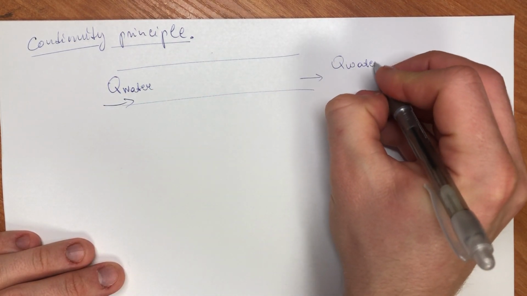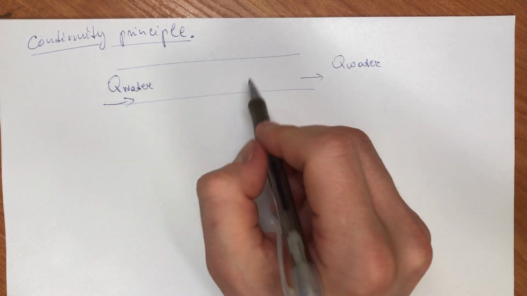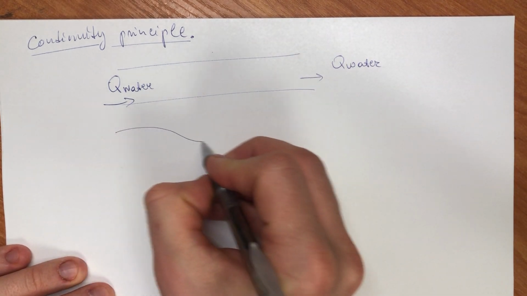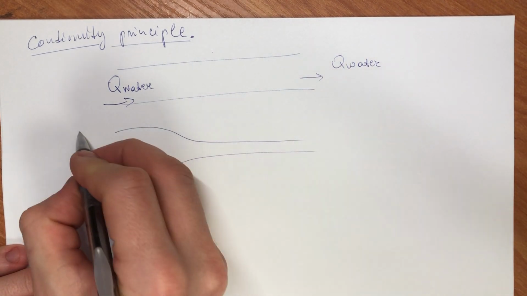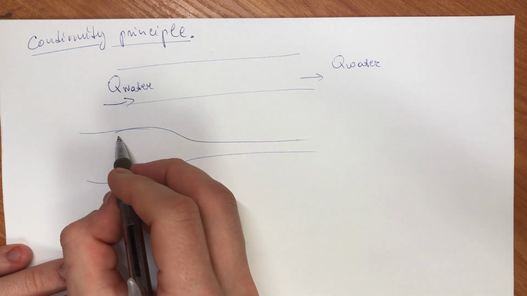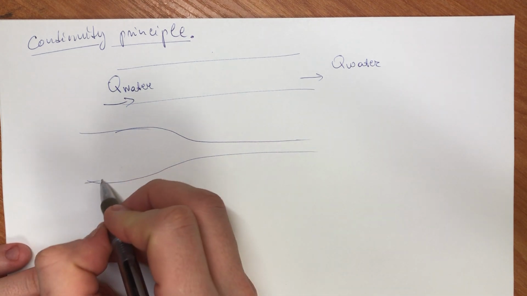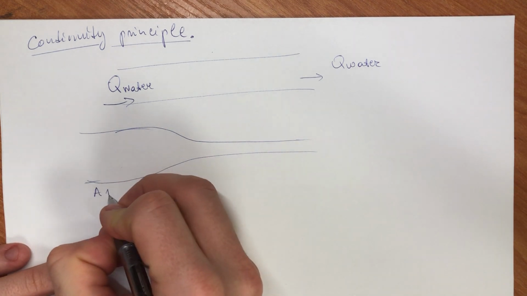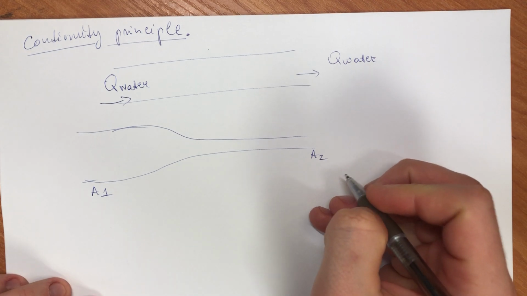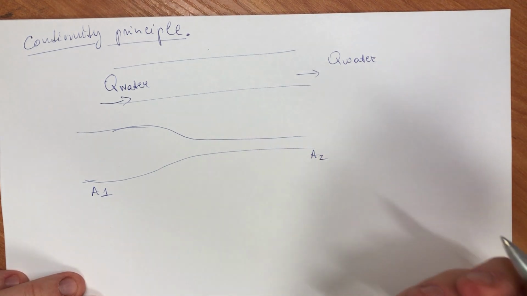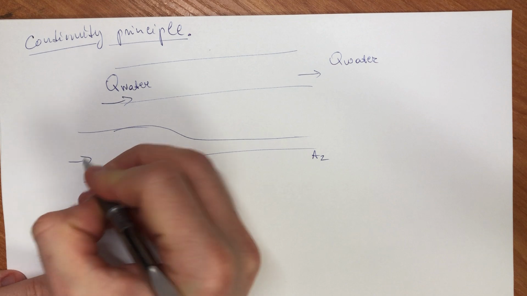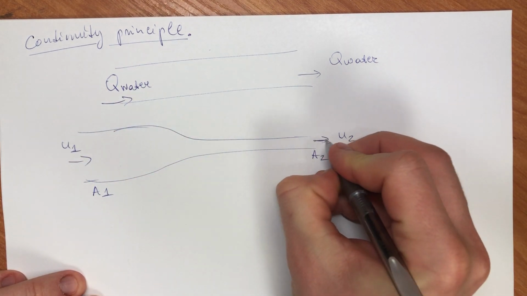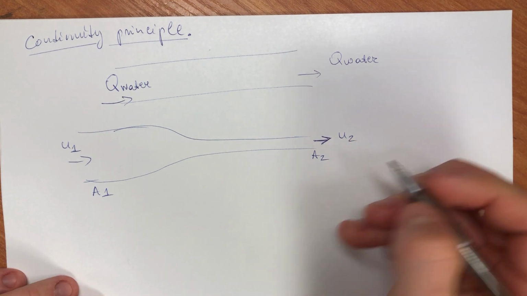There are no accumulations of water anywhere here, so what comes in must go out. This holds also for a pipe with a restriction. Here is a wider pipe, bigger cross section. Here is a smaller cross section. So here we have A1, here we have A2. The same applies because there are no accumulations. The initial speed is U1 and the speed that the water goes out is U2.